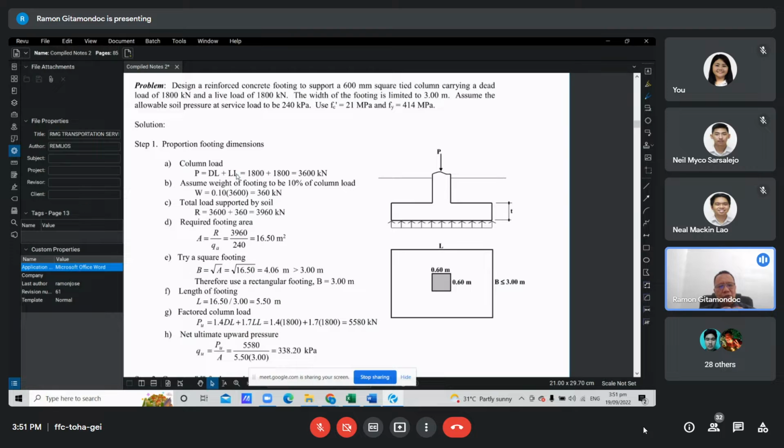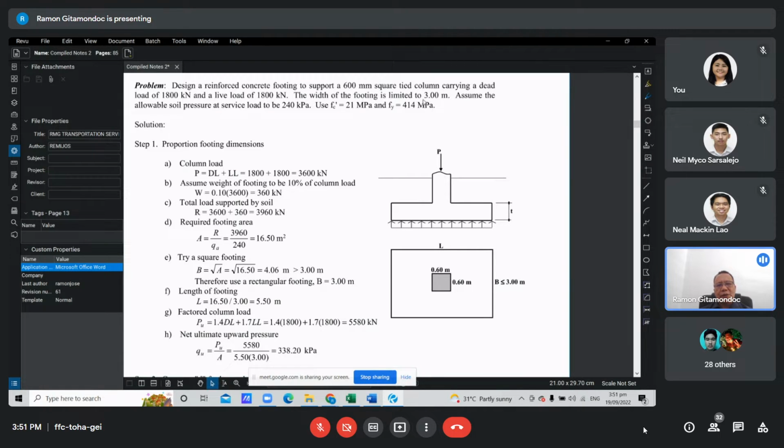And next, we compute the required footing area by dividing the total load by the allowable soil bearing capacity. No? So we get an area of 16.5 square meters. We try if we can use a square footing. So to determine the dimension of the square footing, we take the square root, in which case we get 4.06 meters. No? So kung gamit ang square footing, this should be the minimum or the required dimension of a side.